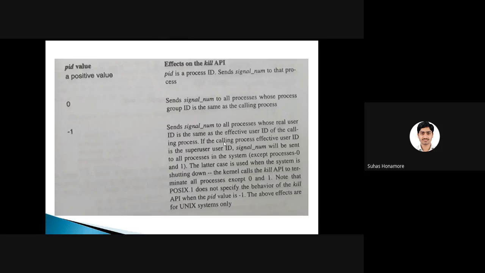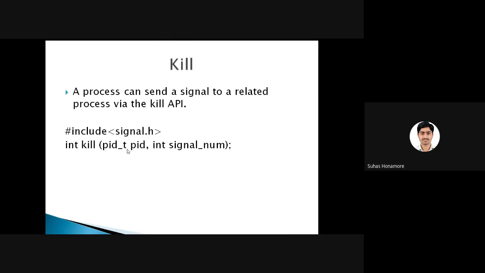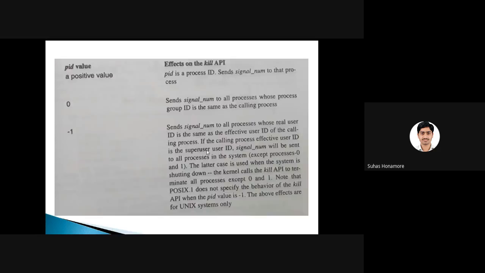So there are three kinds of values we can use: a positive value for one particular process, 0 for all processes in the same group, and -1 for all processes with the same effective ID. That is how you can send the signal. Now we'll see one example.